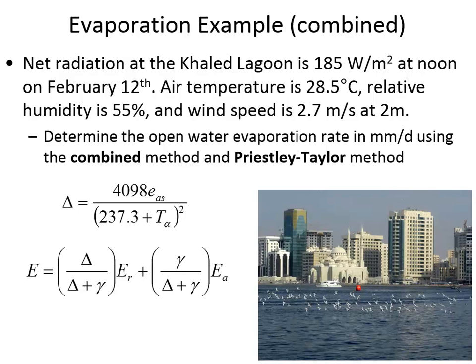Now before we just accept this as a good solid estimate, remember what was the huge weakness of what we did in the energy method? When we came up with this 6.6 millimeters per day, it was based on what? What's that? Essentially, because we had a measurement of the net radiation of 185 watts per square meter at noon.